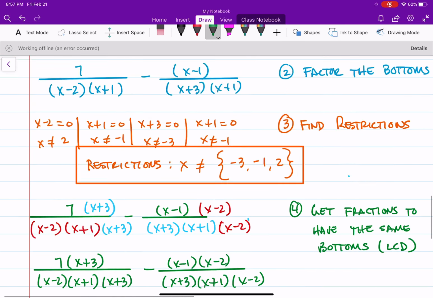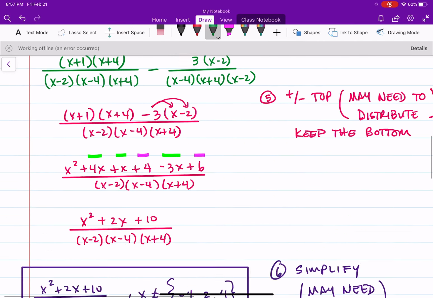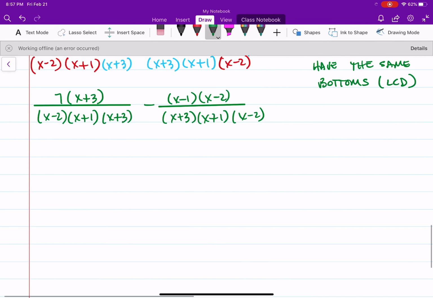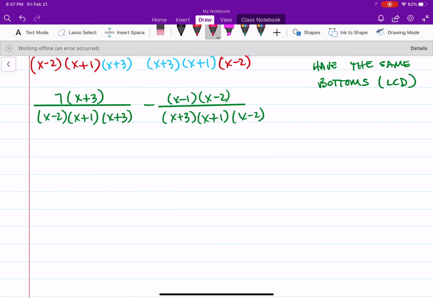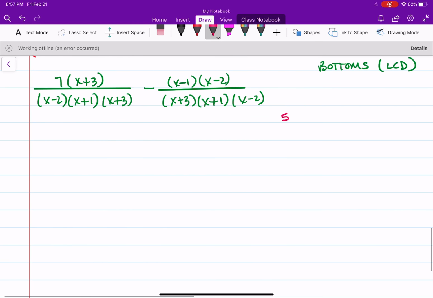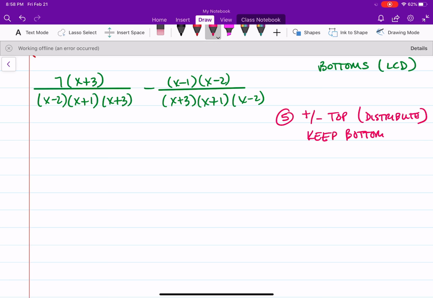All right? So what did I write step 5 in? Pink. So step 5 was to add or subtract the top and keep the bottom. Okay?